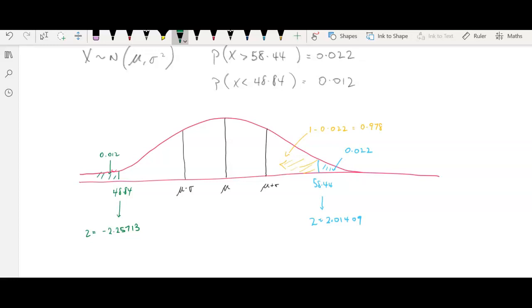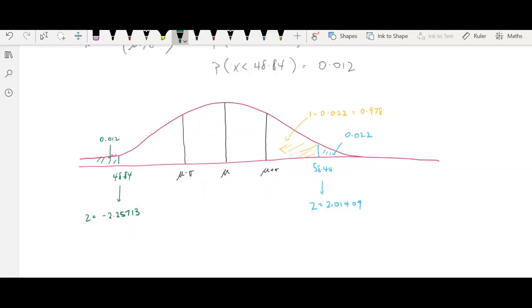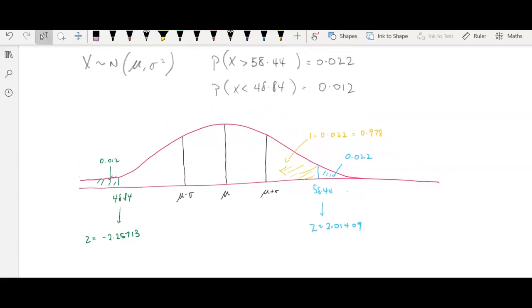Okay, so now I can form my two equations for mu and sigma and solve simultaneously. So I'll set those equations up now.